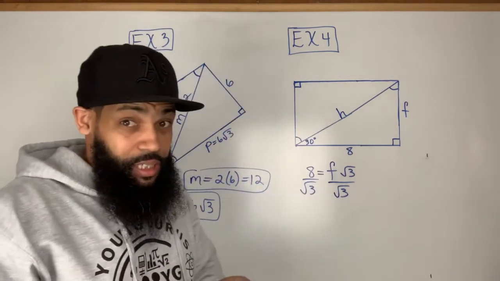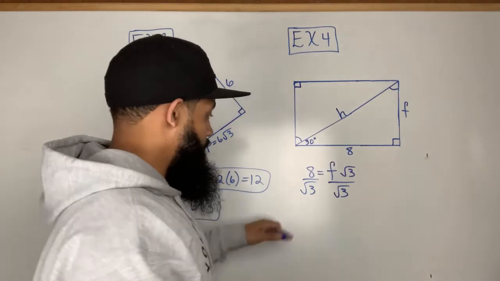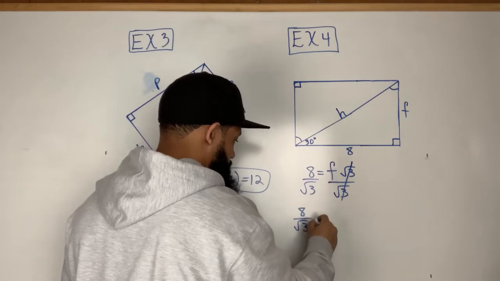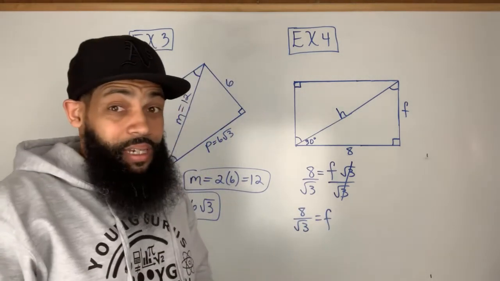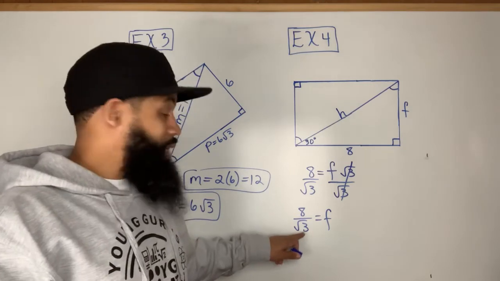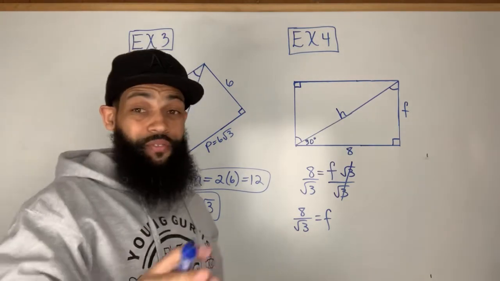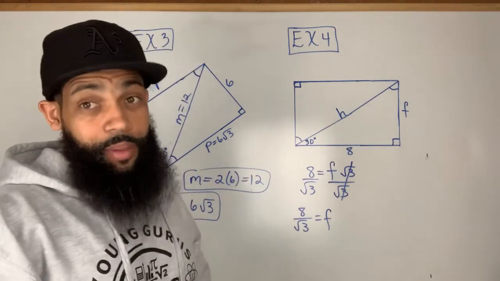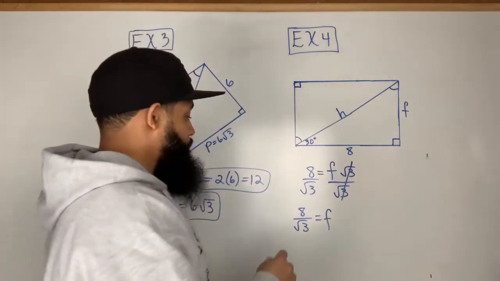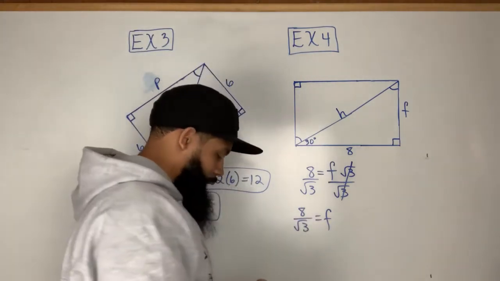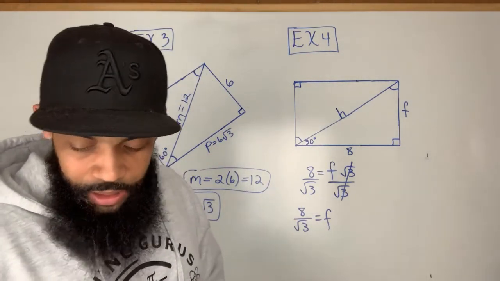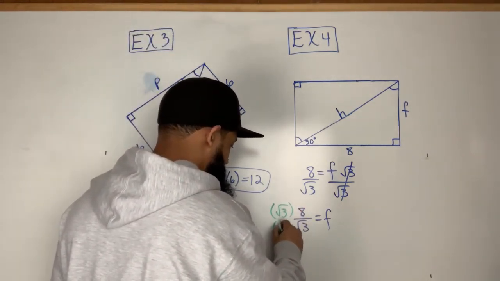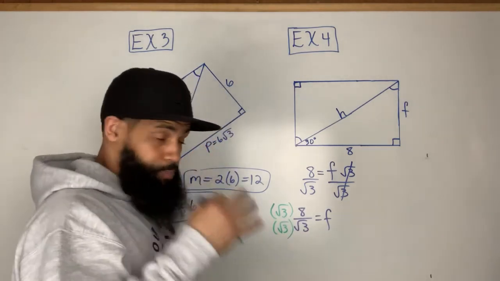Now, mathematically, you should know by now that this tells me 8 over the square root of 3 equals F. But I cannot have a radical in the denominator, so I need to rationalize that denominator. If you're not familiar with rationalizing the denominator, I have a video on rationalizing the denominator. Go check that video out. All right, so by rationalizing that denominator, I need to multiply this numerator and this denominator by the square root of 3.